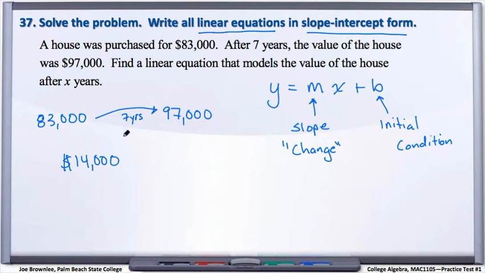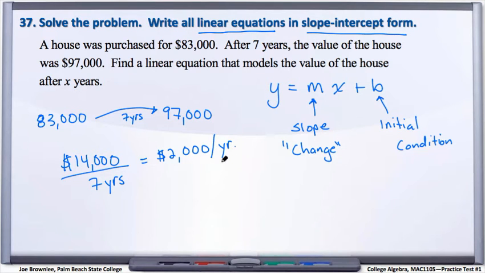All right, and if there was 7 years in between the initial cost and the current value, well, that's $14,000 over 7 years, which means this house gained, well, 14 divided by 7 is 2, but in this case it's 14,000. So this house gained $2,000 in value per year.